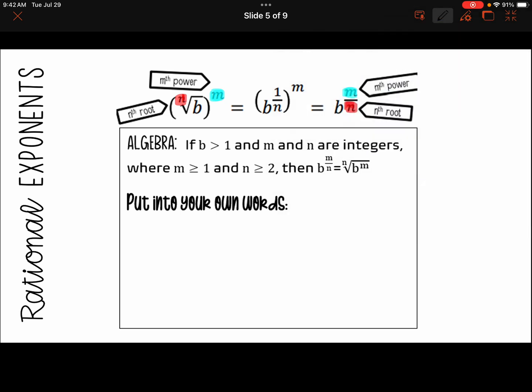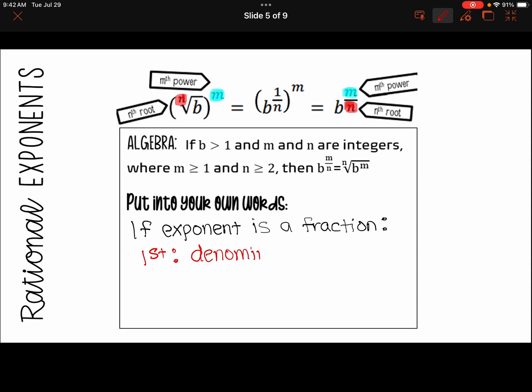So if the exponent is a fraction, the first thing you're going to do is make it go smaller. So first you're going to do the denominator, which is your root. Then you're going to get that number smaller.